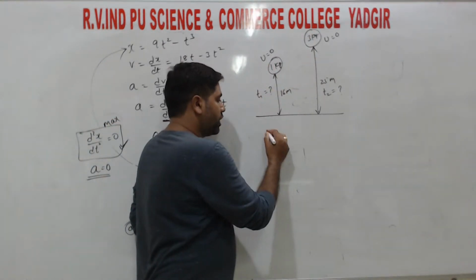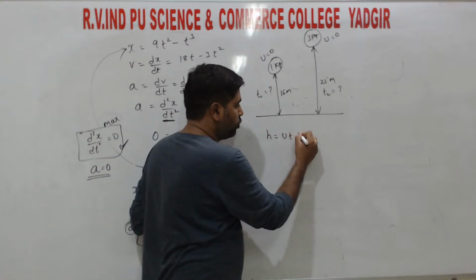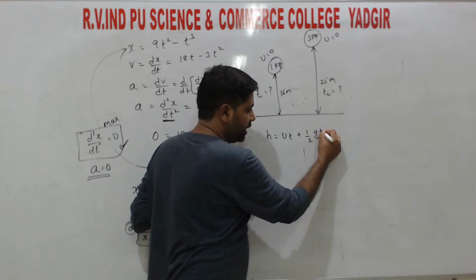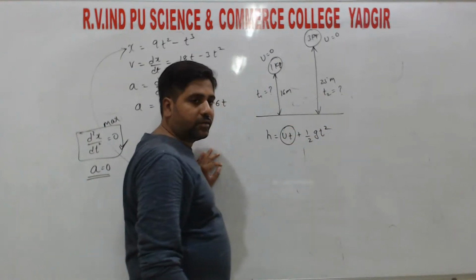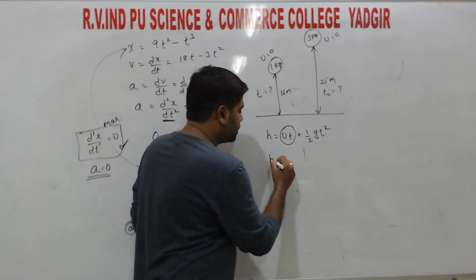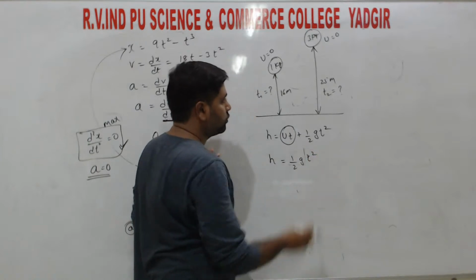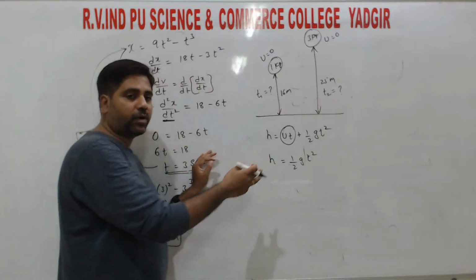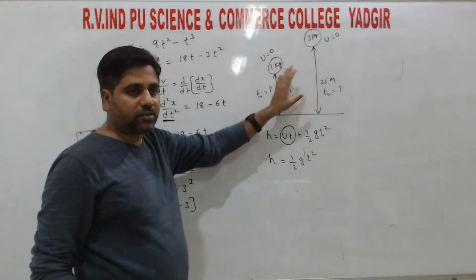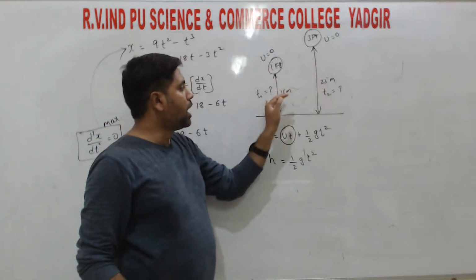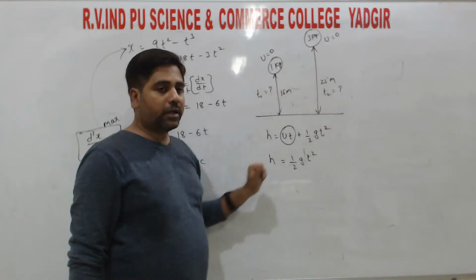So again from the relation h is equal to ut plus half gt square, right? Here the initial velocity is 0, so h is equal to 1 by 2 g t square. Since there are two cases, we have h1 and h2, because these two are dropping from two different heights, and the times taken are two different times, t1 and t2, right?